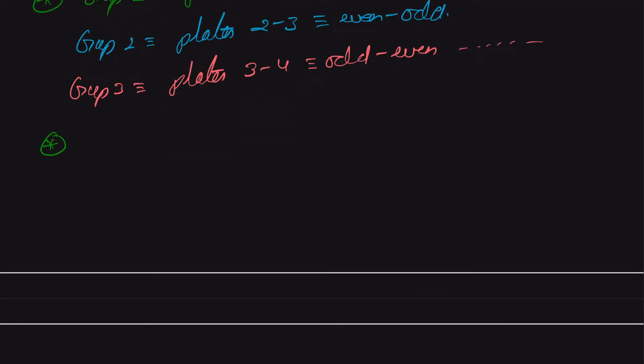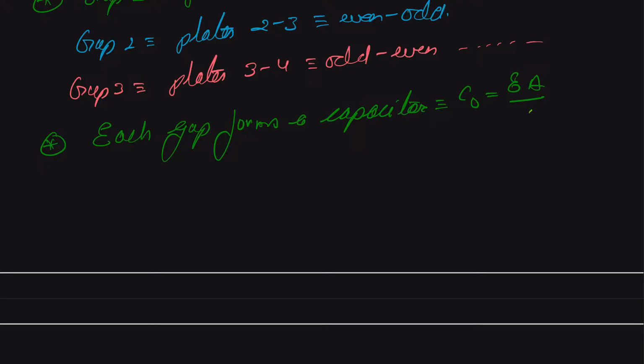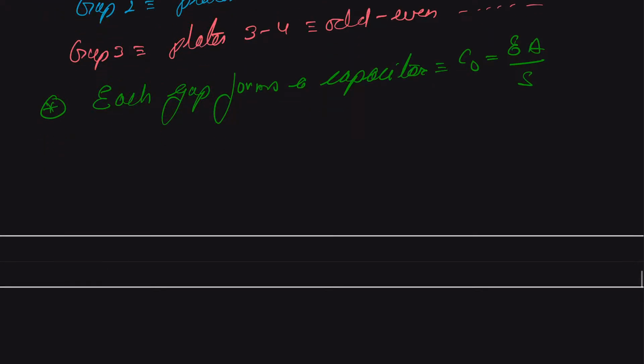Therefore, we can say each gap forms a capacitor, which, suppose, is C naught, equal to epsilon naught A divided by s, between two compound conductors.